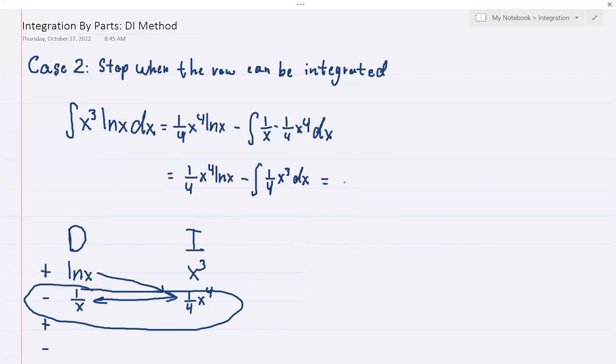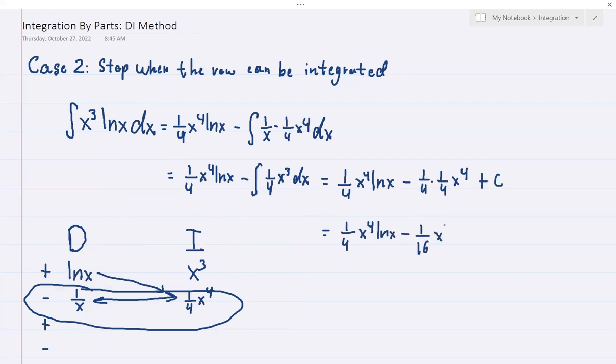The integral for 1/4 x cubed is 1/4 times 1/4 times x raised to 4 plus c. So hence, you will have 1/4 times x raised to 4 times ln of x minus 1 all over 16 times x raised to 4. You can factor out this one, but again, factored or not, simplified or not, this is your final answer. See? So that's for your second case.